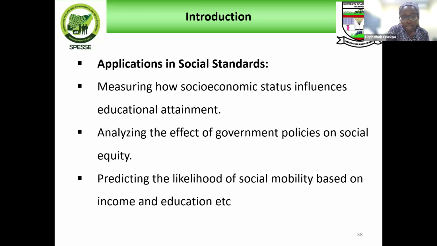Are you following? Now, income is my independent variable. Education is my dependent variable. You can decide to do a research of education on income. In your own case, education becomes the independent variable, while income becomes the dependent variable. So there's nothing like I will see age and tell you whether it is dependent or independent. It depends on what you want to do, the goal you want to achieve.